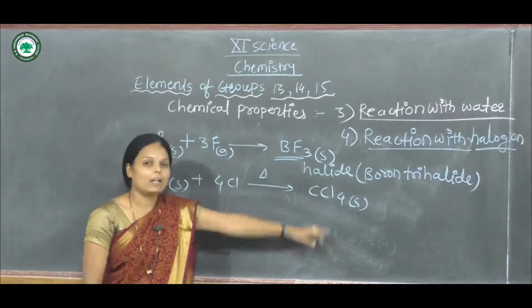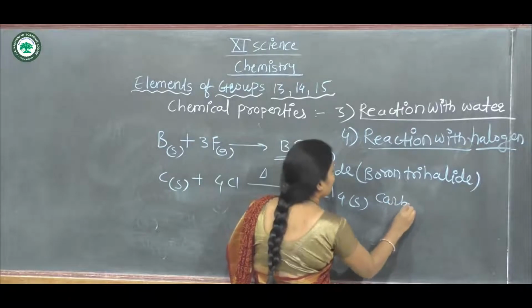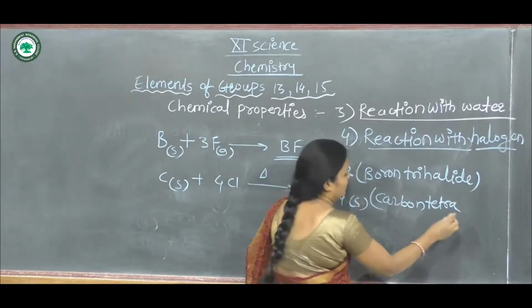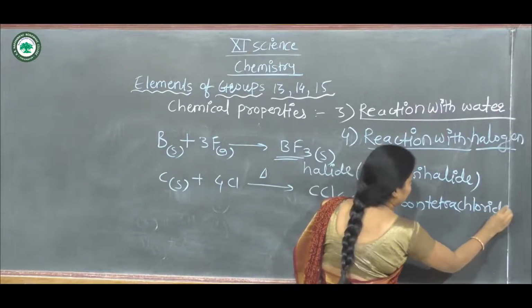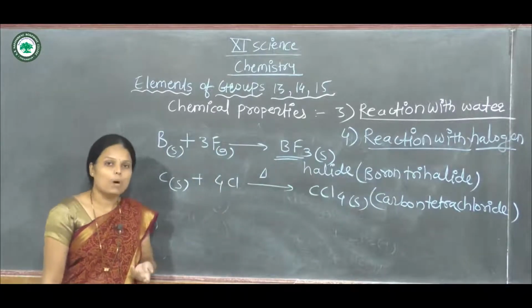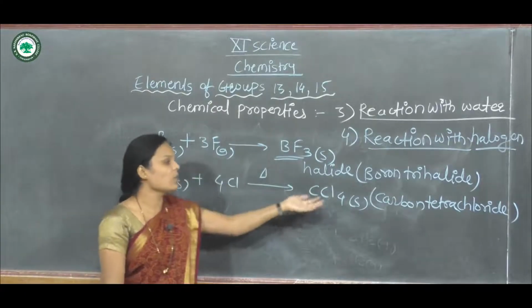Carbon tetrachloride means a halide is formed. Carbon reacts with 4 molecules of chlorine atoms to form carbon tetrachloride.